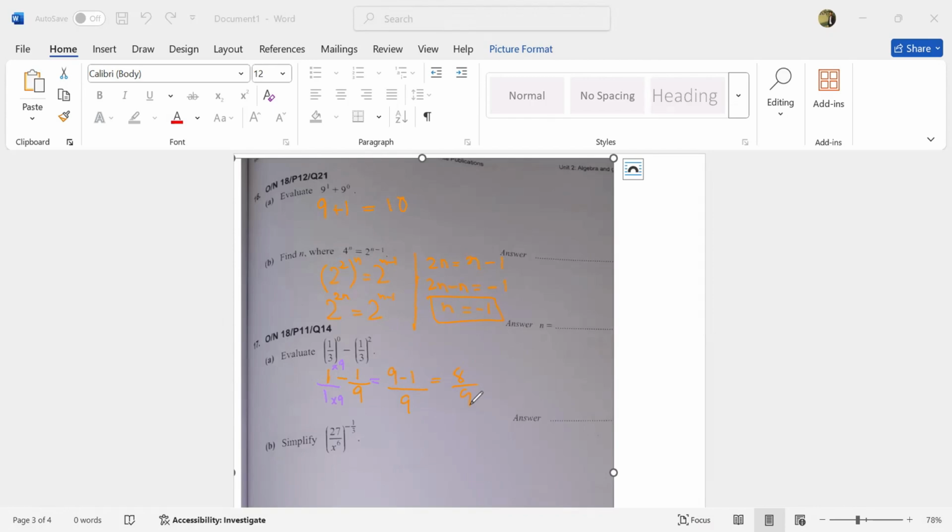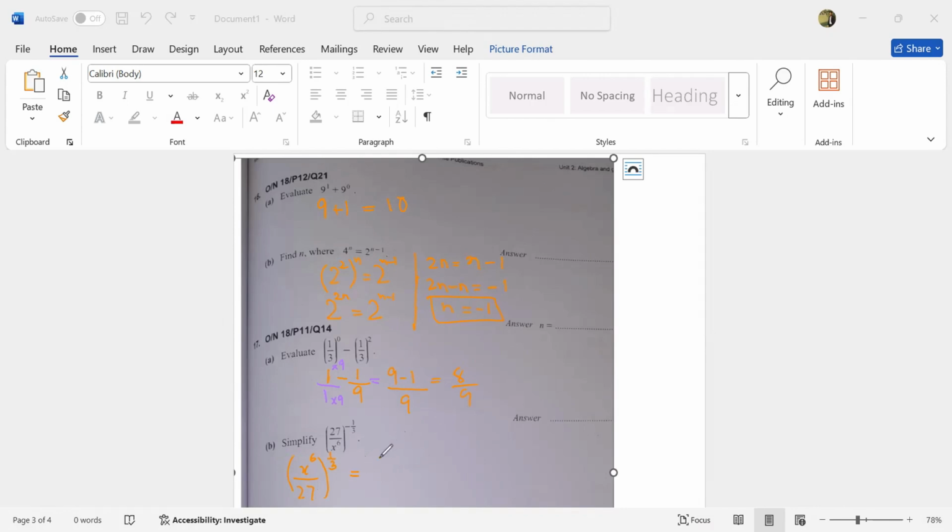Next, simplify. Again, negative power, so we need to change it into positive power. We will reciprocate it. X raised to the power 6 in numerator and 27 in denominator.